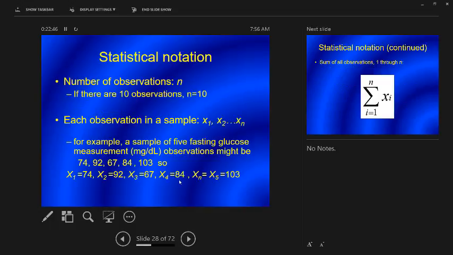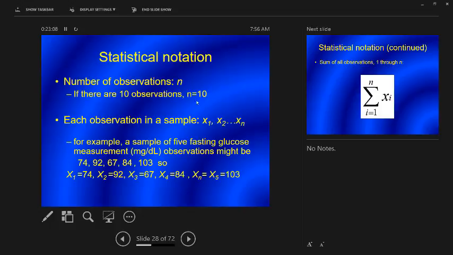Now, just for a moment, I want to talk about statistical notation just so you can have some familiarity with it. It's not something that I'm going to really emphasize, but I just wanted to let you know how it works a little bit. So you probably know that n is often used in statistics to denote the number of observations.